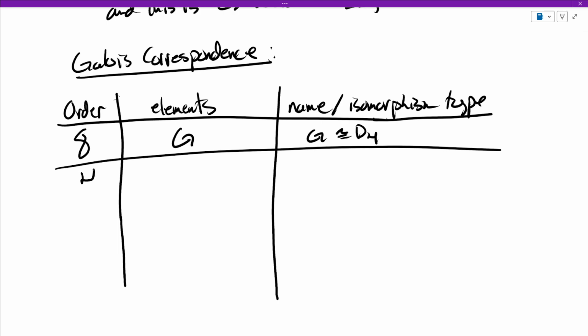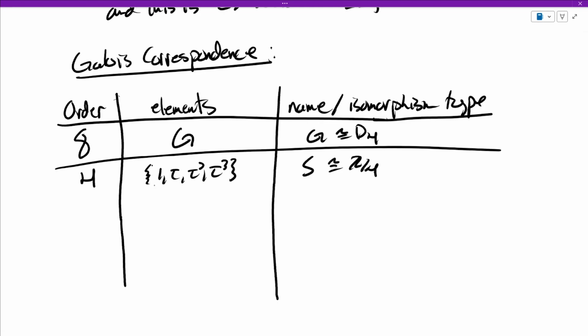There are several subgroups of order 4. There is the subgroup which is generated by the rotation, which I'm calling tau. Again, this conflicts with the book. Sorry. And the book is going to name that group S. And S, of course, is cyclic of order 4.